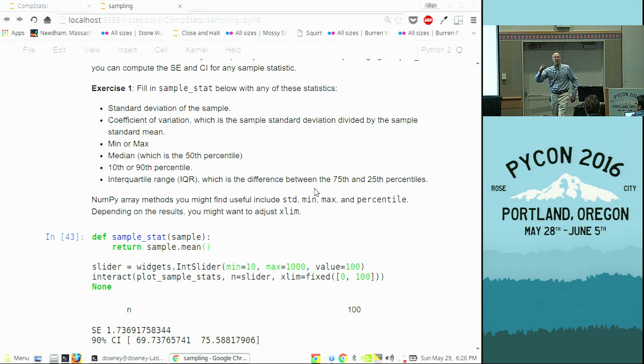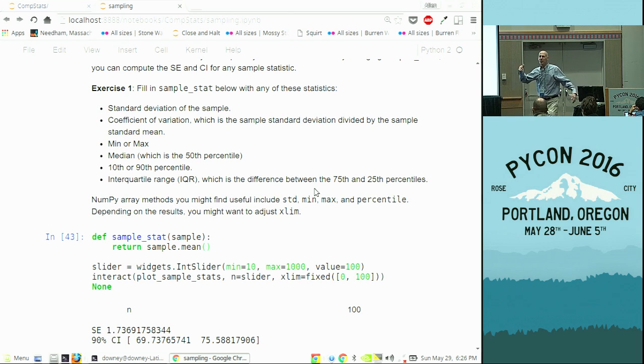So the example that we saw so far was all about the sample mean. It was all about figuring out the average weight. And we had the sampling distribution of the sample mean. Now I want to generalize that, and one really nice thing about this computational framework is that I can generate any sampling distribution you want.